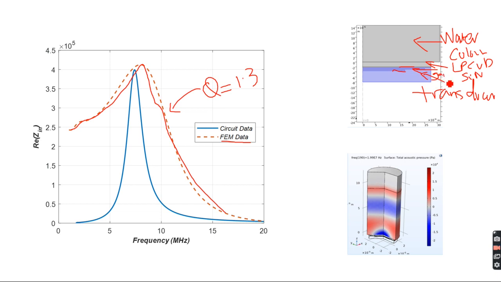So what has gone wrong is that in the acoustic physics, when you define the physics, you have multiphysics in this modeling in FEMs in COMSOL. There are boundary conditions that need to be defined.